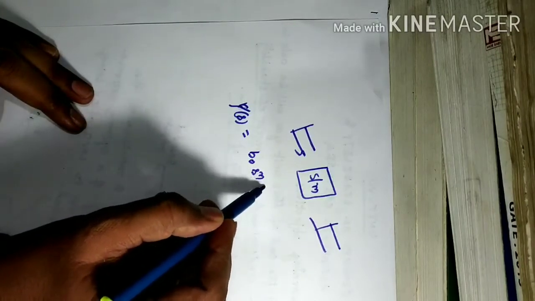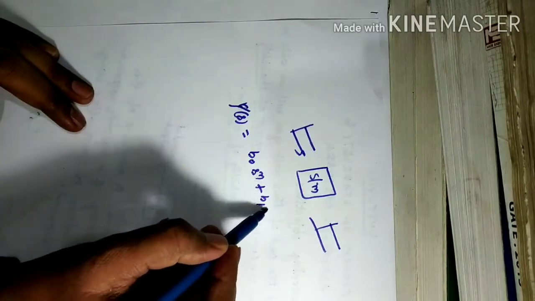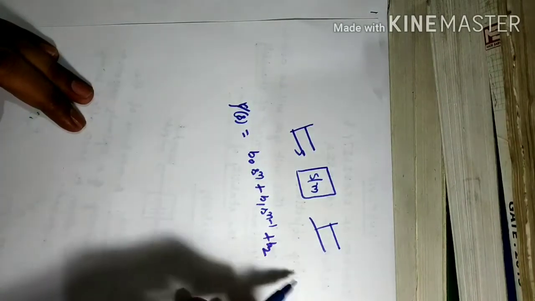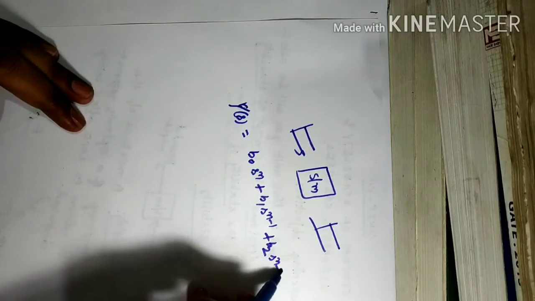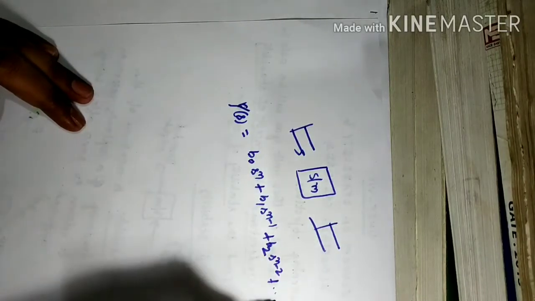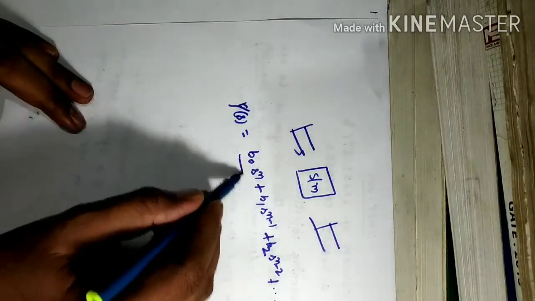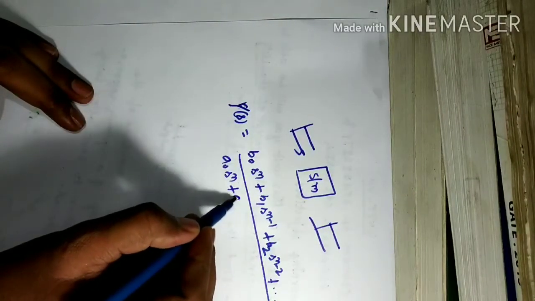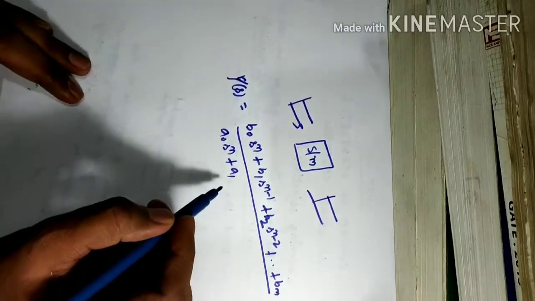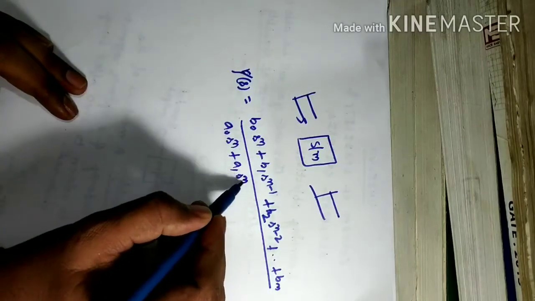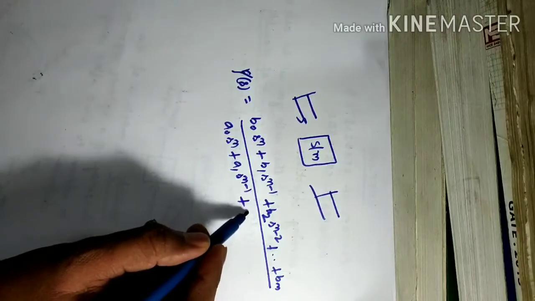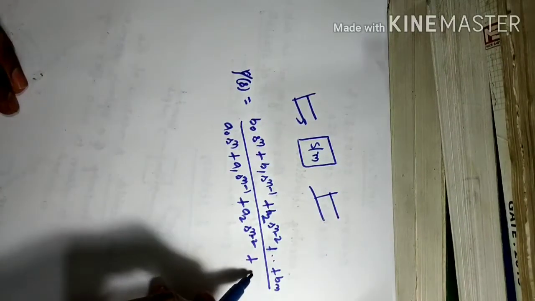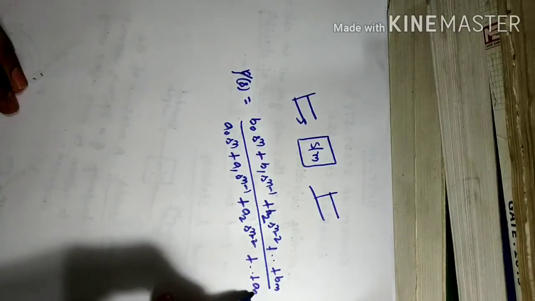Okay, so mathematically we know that Y of s is equal to b0 s power n plus b1 s power n minus 1 plus b2 s power n minus 2 plus so on bn, divided by a naught s power n plus a1 s power n minus 1 plus a2 s power n minus 2 plus so on an.